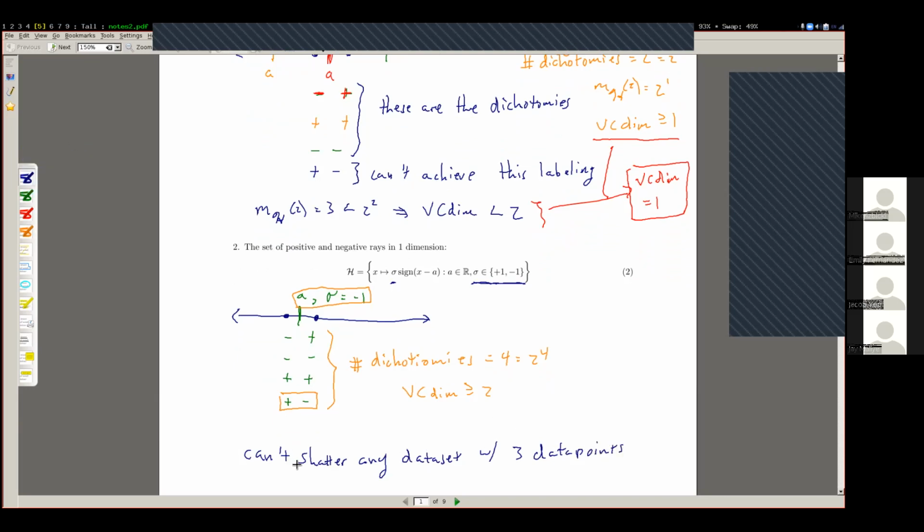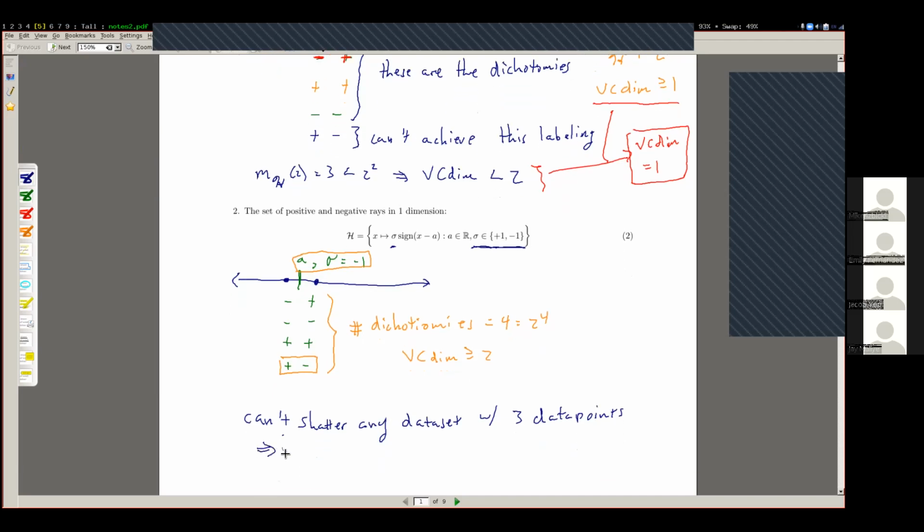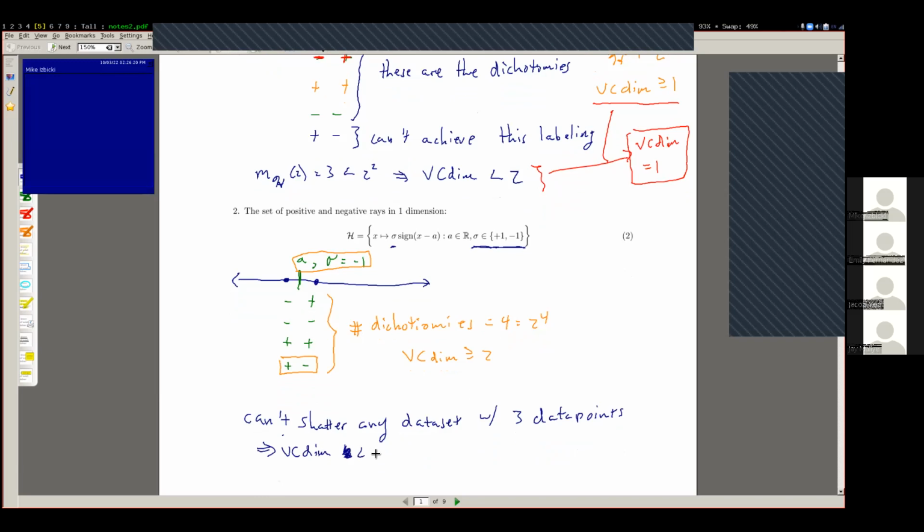And so that implies that the VC dimension here must be strictly less than 3. And so those two facts together would imply that the VC dimension of this hypothesis class equals 2.